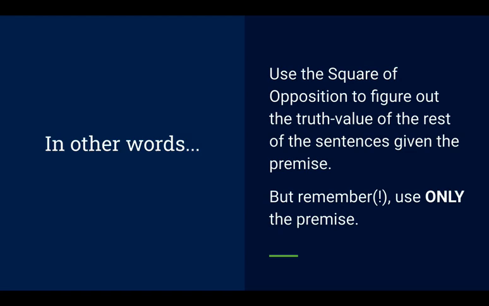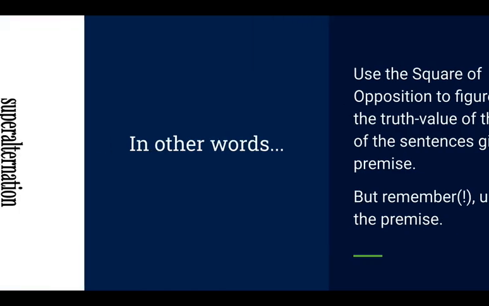But remember, use only the premise. The whole point of the study of validity is to answer the question, if I know this, do I also know this? So what we're really doing here is, if I know this premise, do I also know the conclusion? That's the whole point of this task.